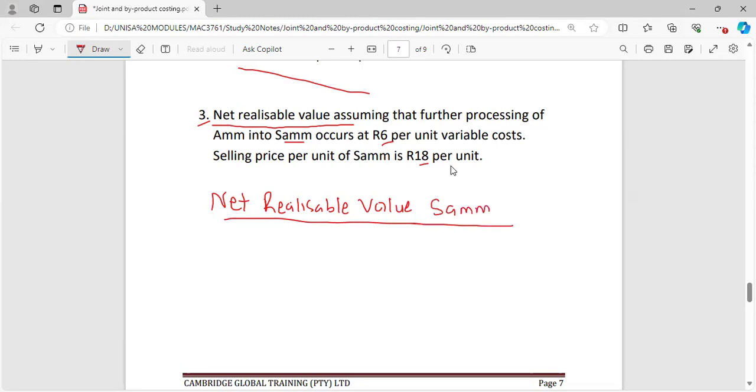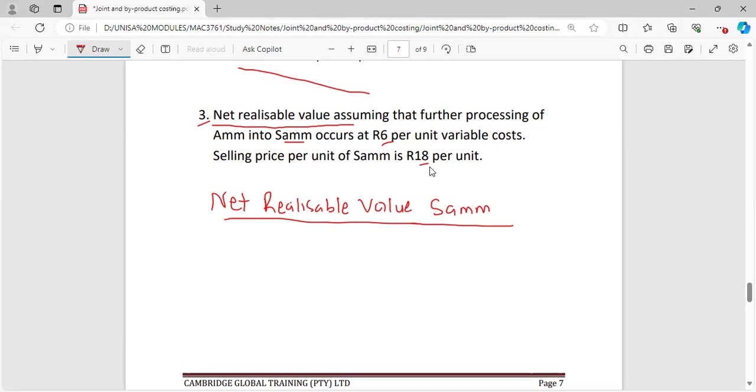Sum is the one that was converted from ARM. So which means we are left with NUM. So we need now to calculate the net realizable value.